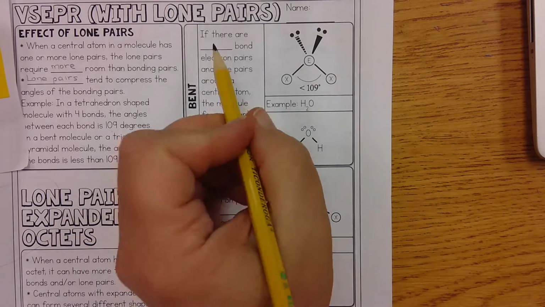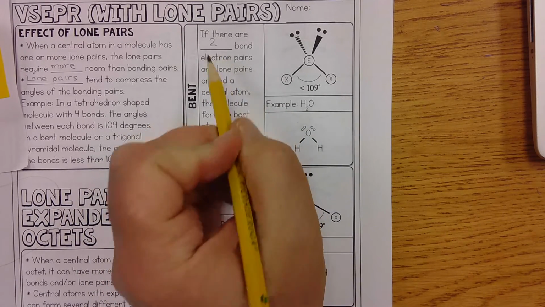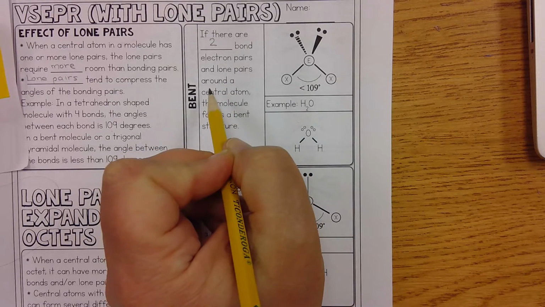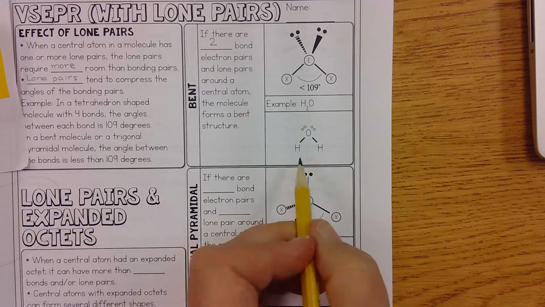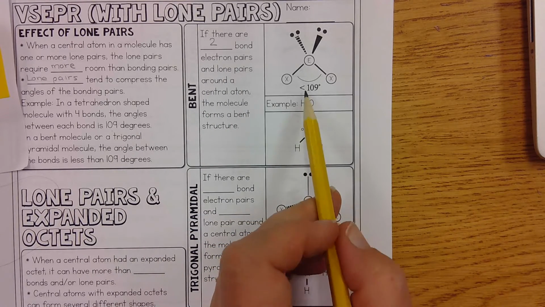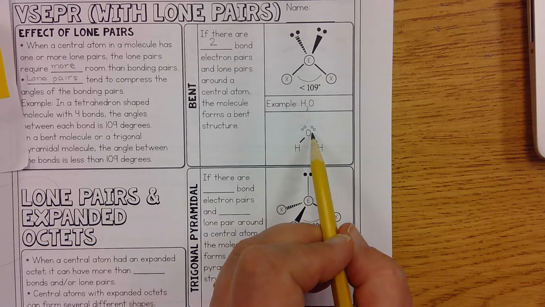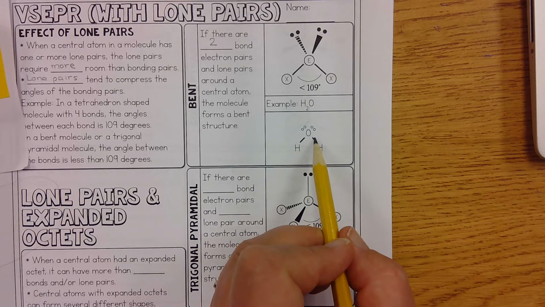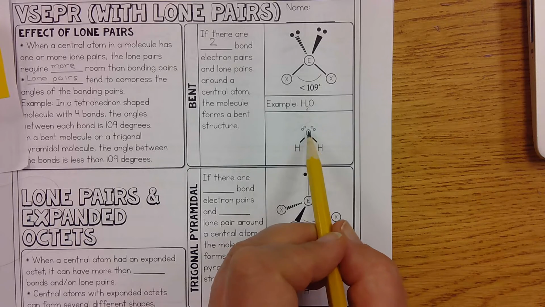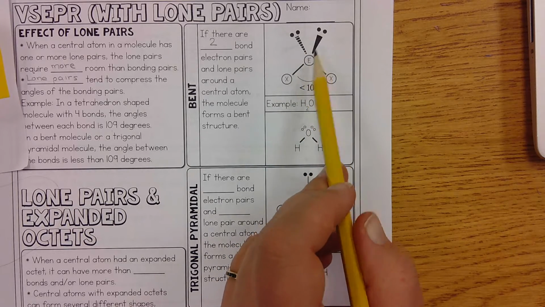Basically, here we have two bonded pairs and two lone pairs. So we get that bent structure. Water is the biggest example of this, right? These two lone pairs around the oxygen, remember we got to have 8 electrons around oxygen, 2, 4, 6, 8. So there are those two lone pairs. They need more space.